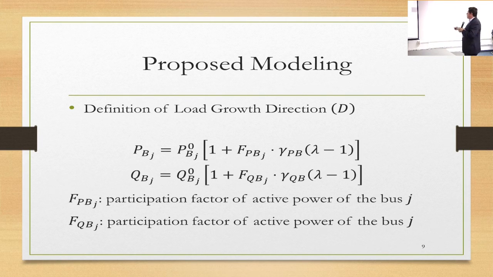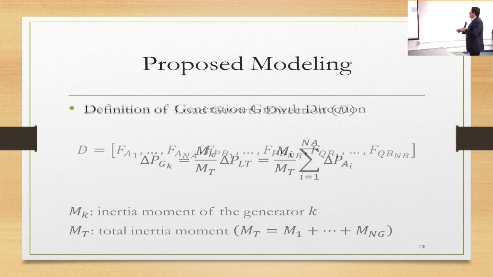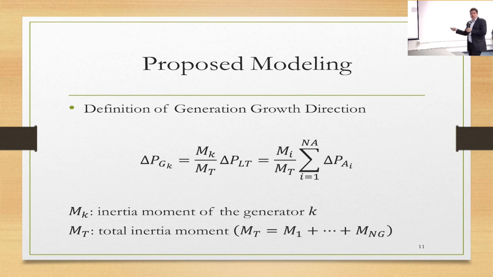So this is the definition of the load growth direction. It involves all these parameters. And the generation growth also matters. So for this work, we redispatched the generators based on their inertias.